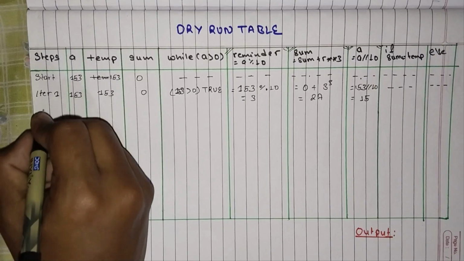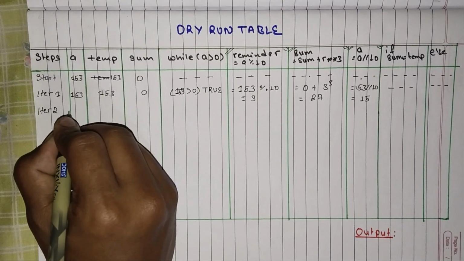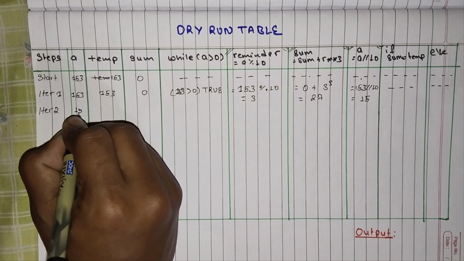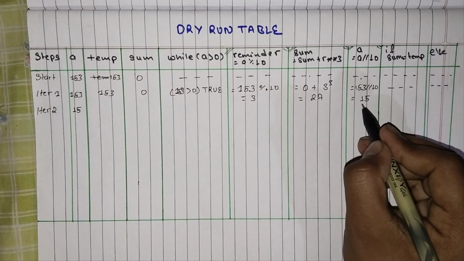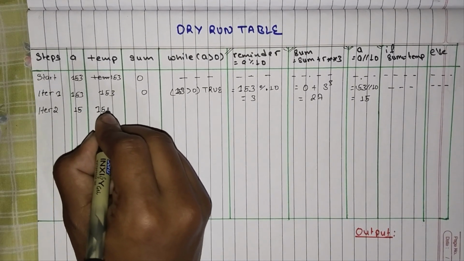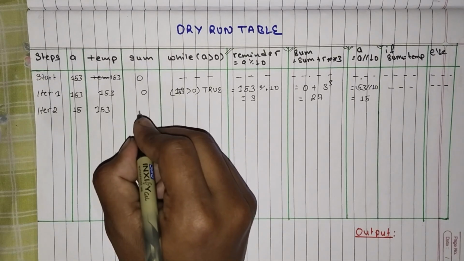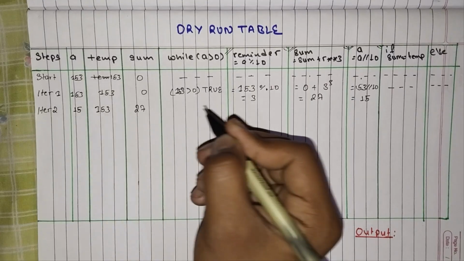Okay, and again over here we will write iteration 2 and 15, like we store the value of a is equal to 15. Okay, and temp will not be changed, and sum value will be 27.